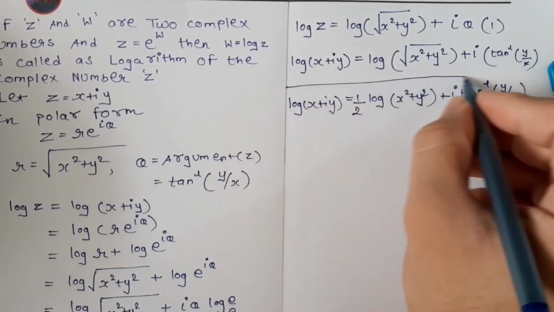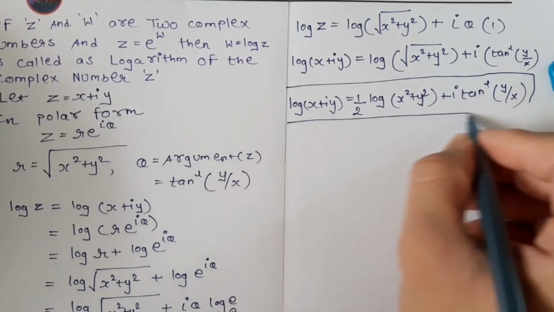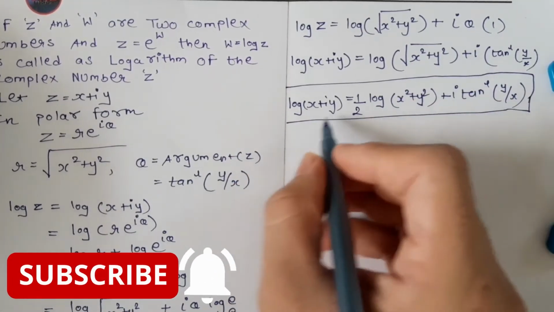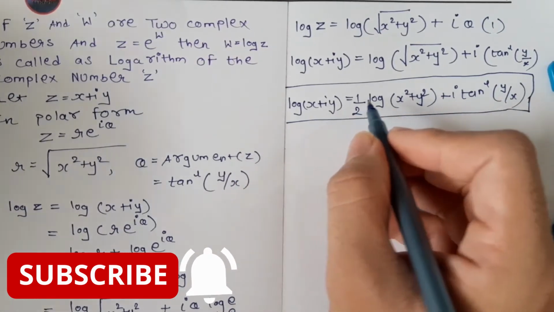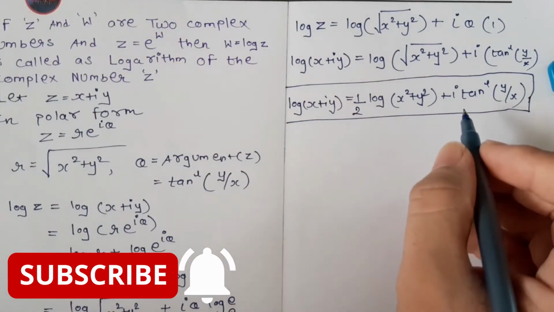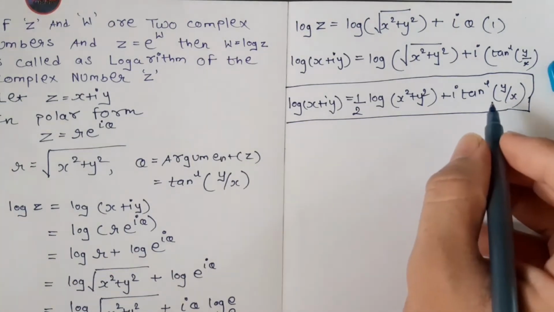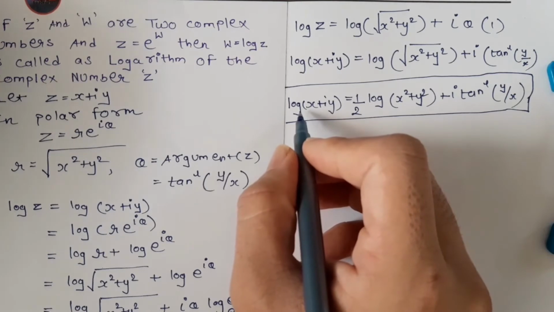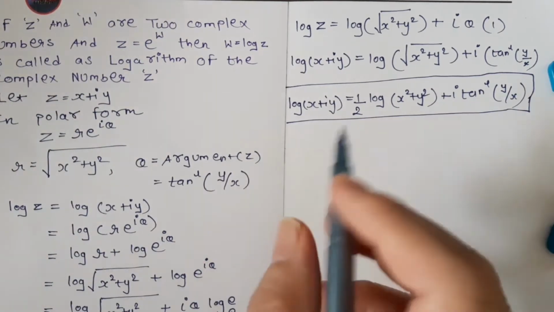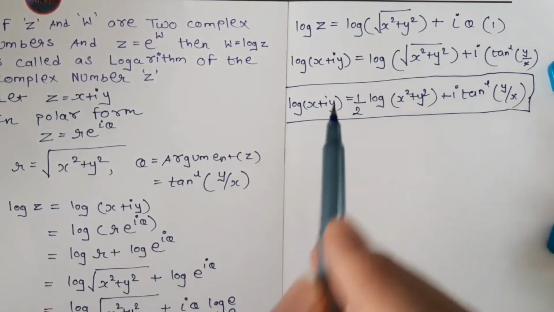This is the logarithm of a complex number. This value is known as the principal value of log of x plus iy. Now we will solve the sums related to this topic.